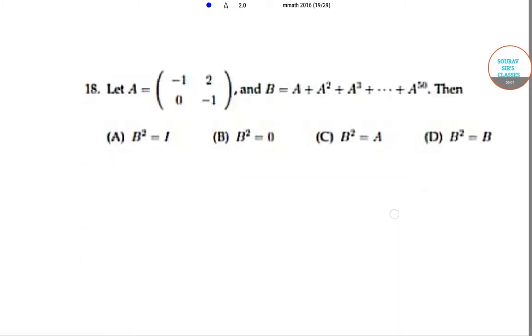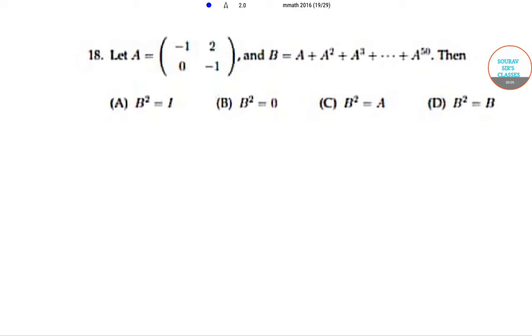Today we'll be solving the ISI MMath question paper from the year 2016. Today we'll be solving question number 18.